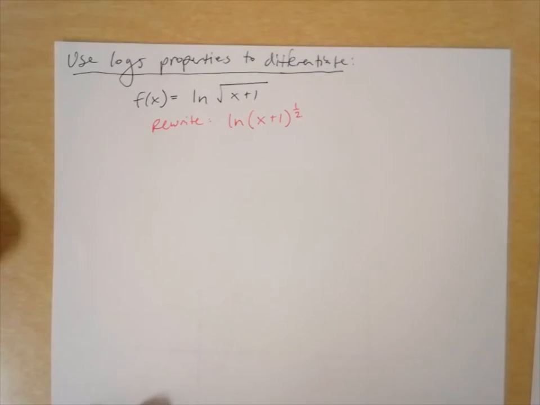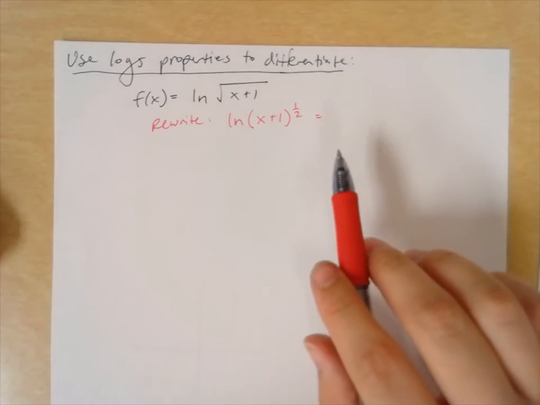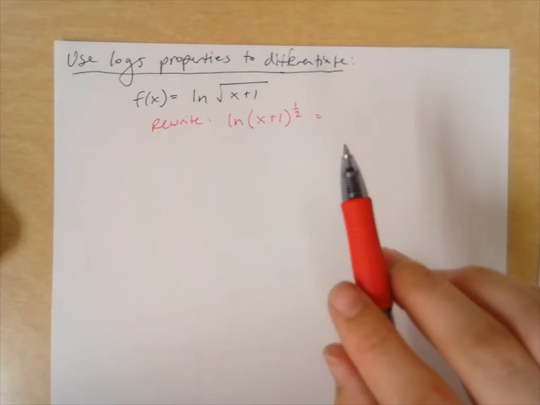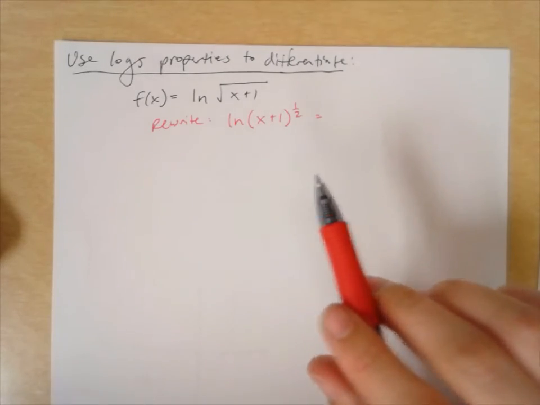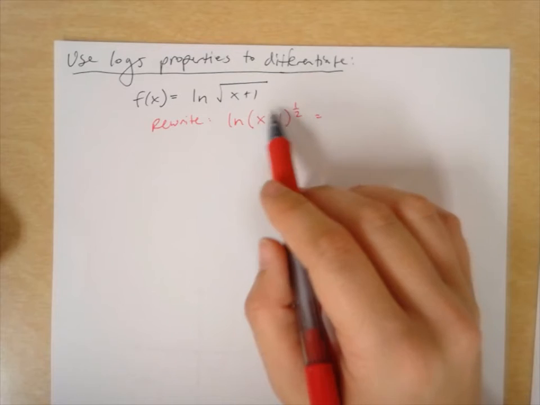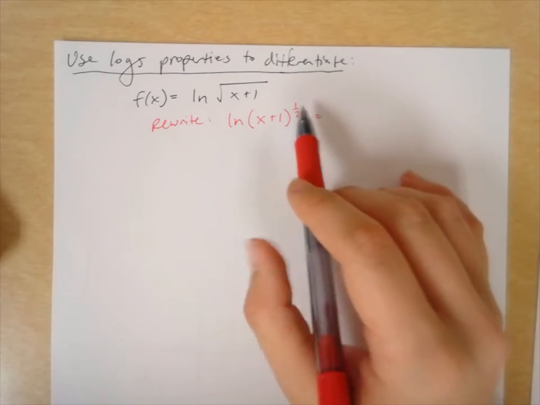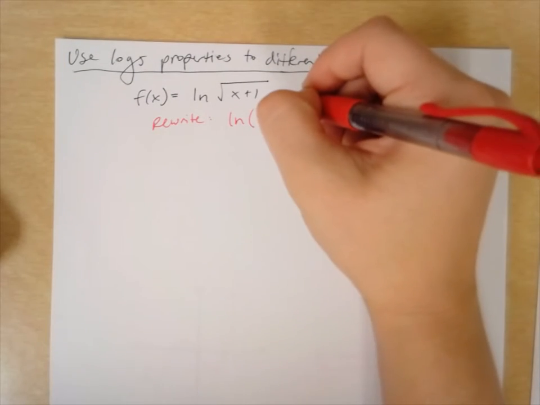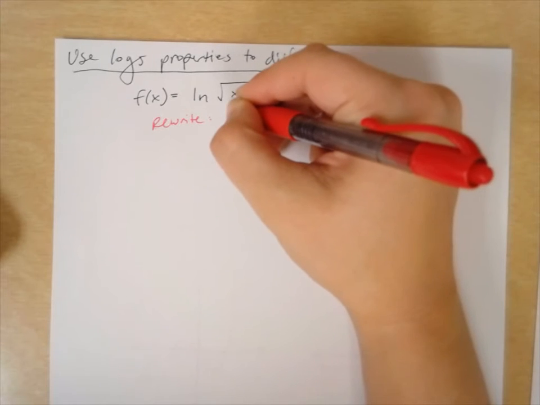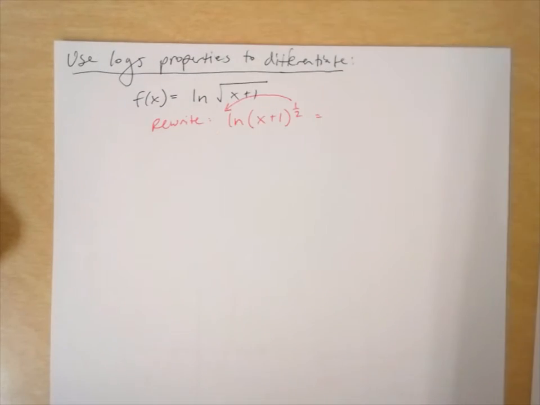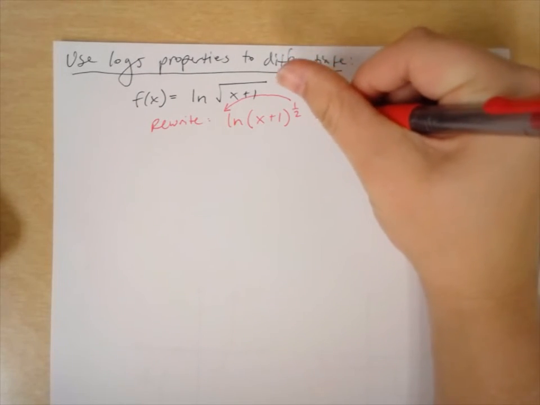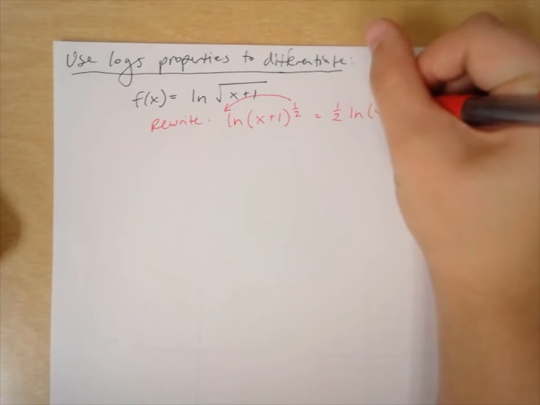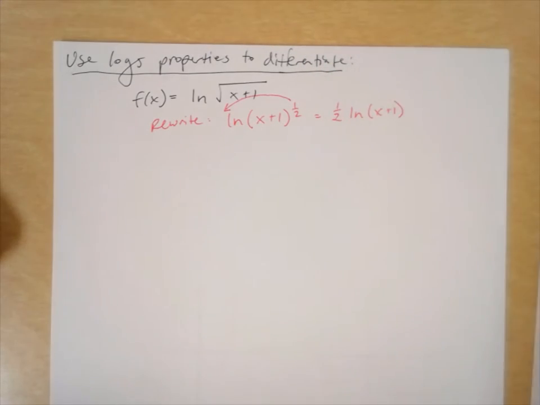Now, while we're still rewriting, recall the power property of logarithms. If we have something to a power within a logarithm, we get to take that power and put it in front of our log as a constant. So we get 1/2 natural log of x plus 1.